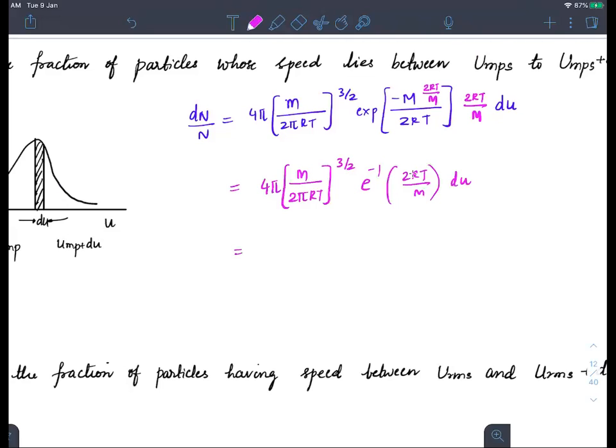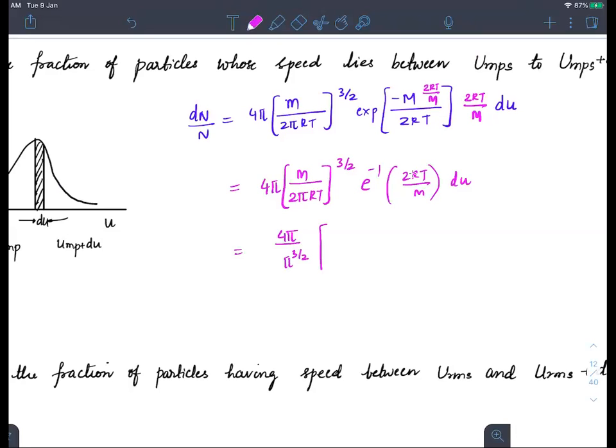Now this RT by m, I can bring inside as well, because this is m raised to power of minus 1. So m raised to power of 3 by 2 minus 1 will give m raised to power of half. And the same 2RT I can put down here. Therefore I will get only pi, which I have to take out. So 4 pi by pi to the power of 3 by 2.